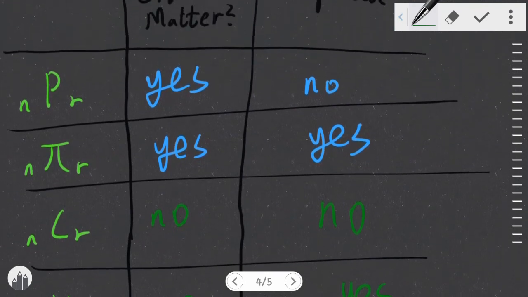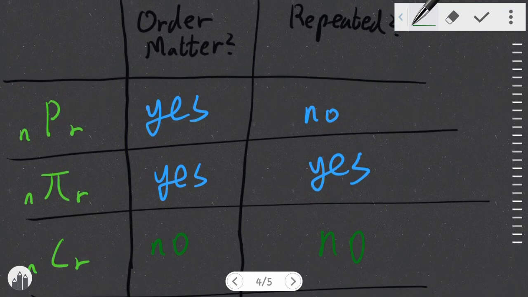So when you're solving a problem, just think of this table and see which one fits best into the situation. Is the question asking for an answer where the order of the set matters?